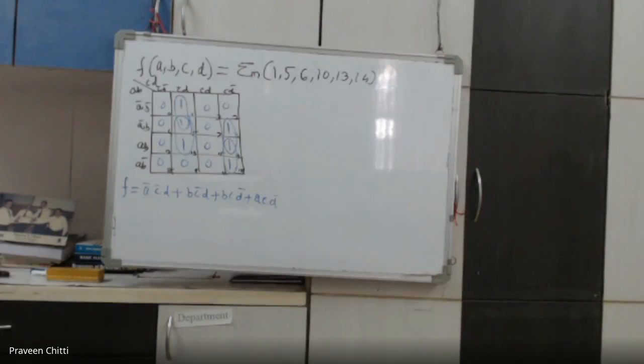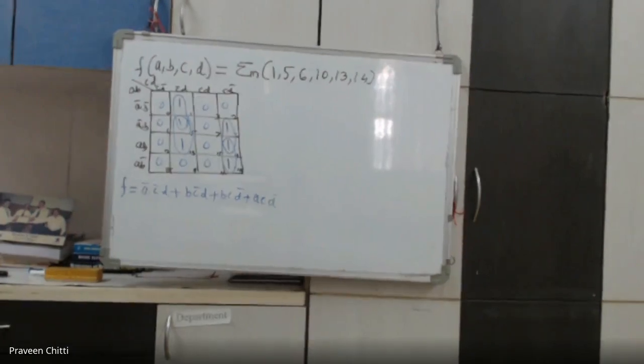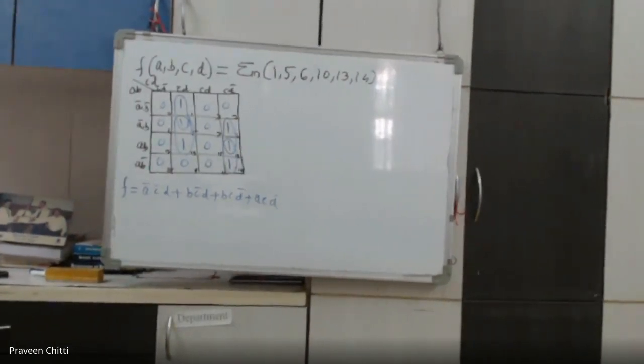At the same time, I gave you one homework also, on the same example which we have solved. I hope it is visible on the board, the same example which we solved in the last class. Is the board visible? Yes, sir.